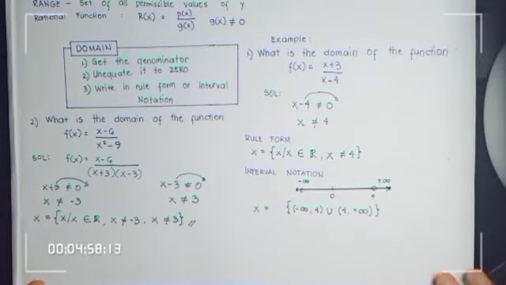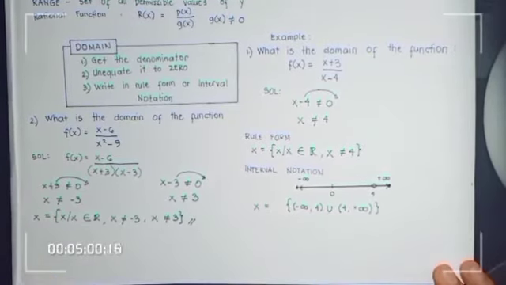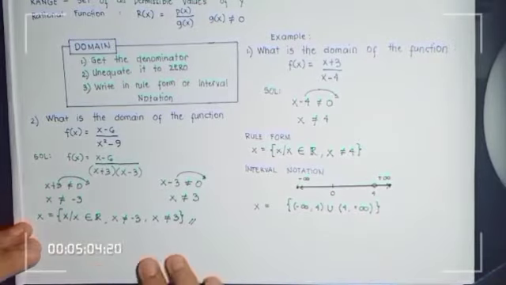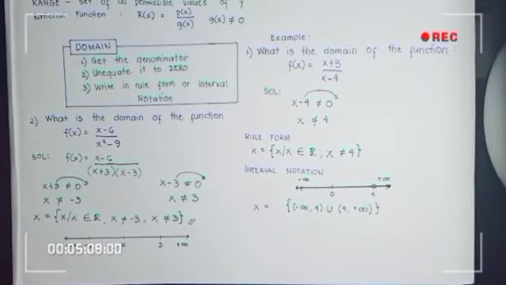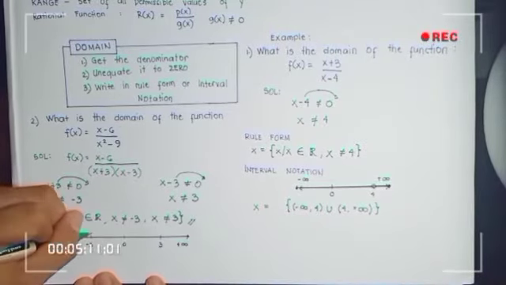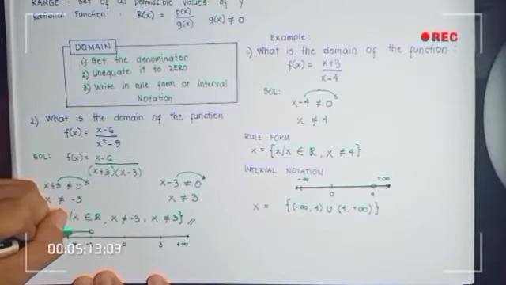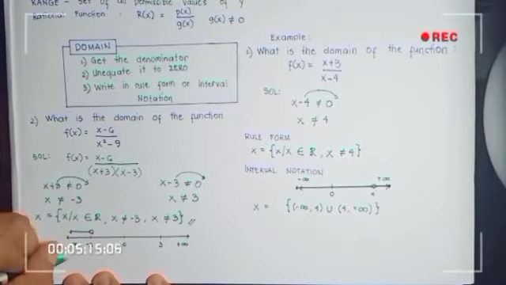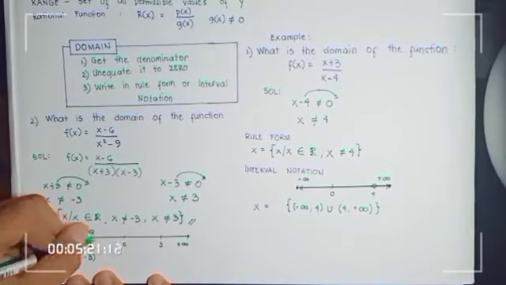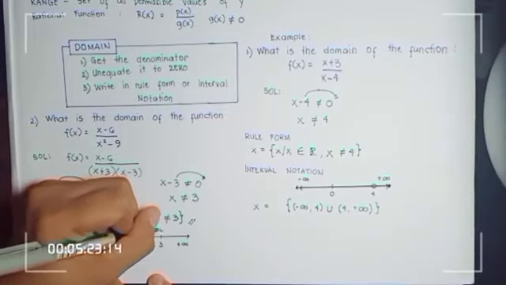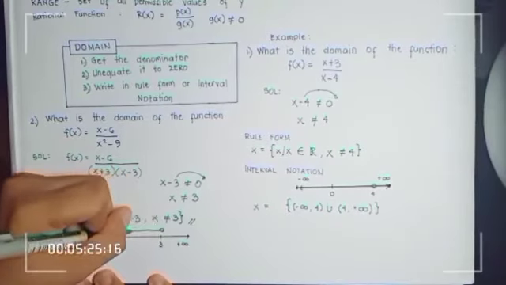Now for the interval notation, again we're going to use the number line. We have 0 in the middle, and we have -3 in the left and +3 on the right. First, negative infinity to -3. Remember that -3 is not part of the solution.